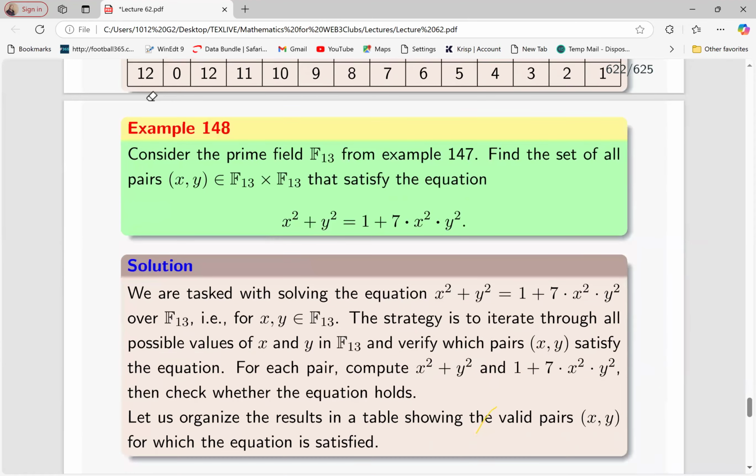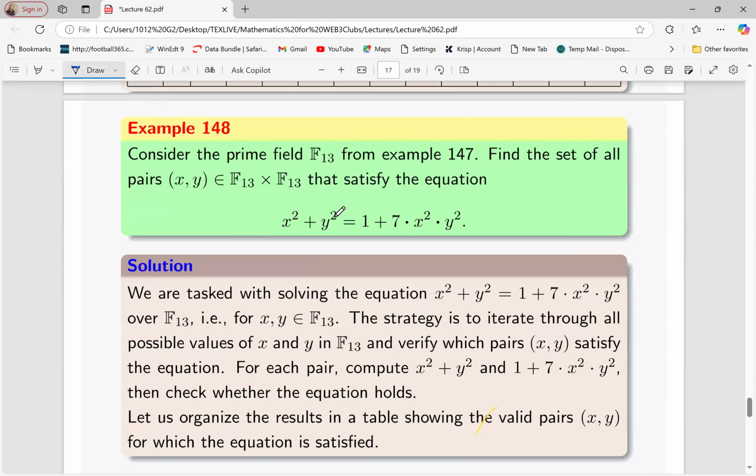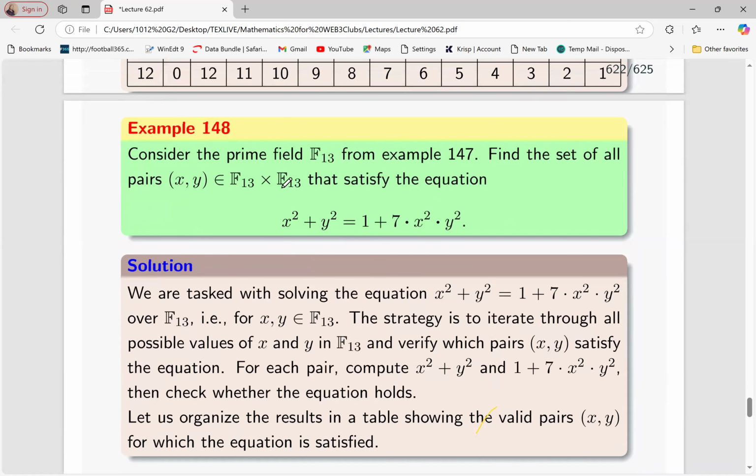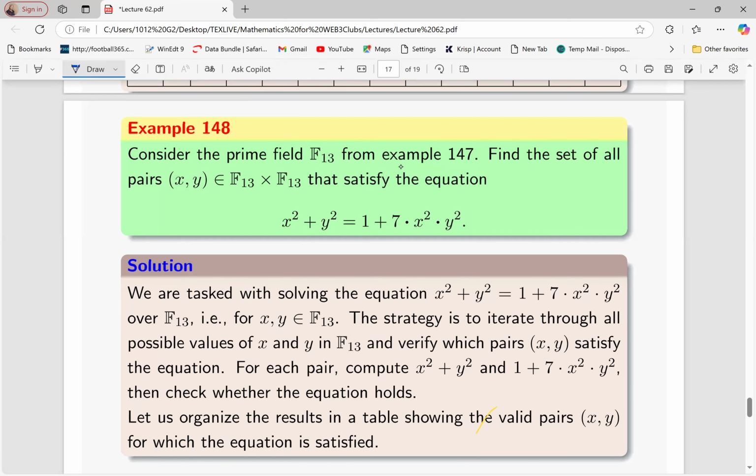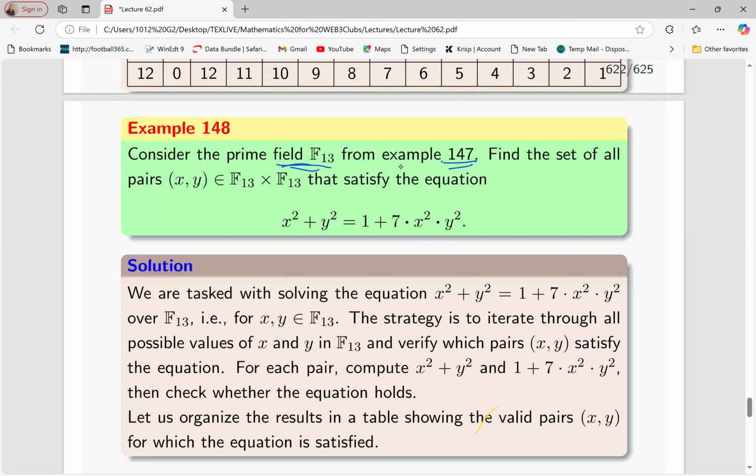Now, this is a very good question that we need to write a program for, and I wrote a program, but now you try and do that. What does the question say? The question says to consider this field, from the example above. We've been considering F13.